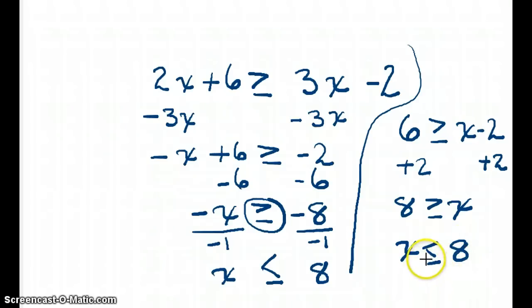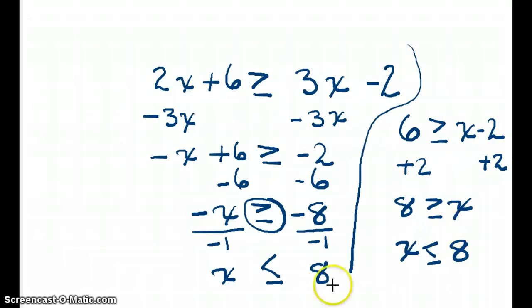I think if you're being honest with yourselves and you look at this, you'll say that this side is a lot easier to deal with than this side. There are a lot more negatives going on over here than on this side. If I get rid of the smallest x value and keep my x positive, it makes my life a lot easier.